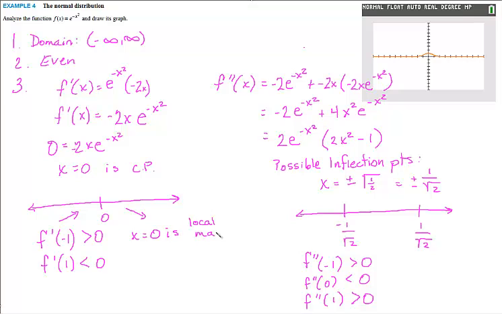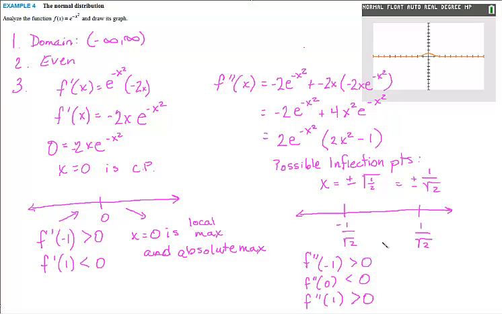And it also means, seeing as I have exactly 1 critical point, if you'll remember that theorem, 4.13 I think it is, then that point is also an absolute max. And we did that in section 4.2.